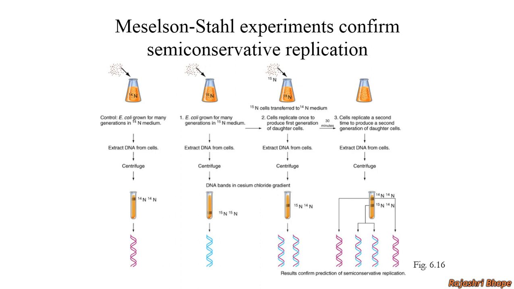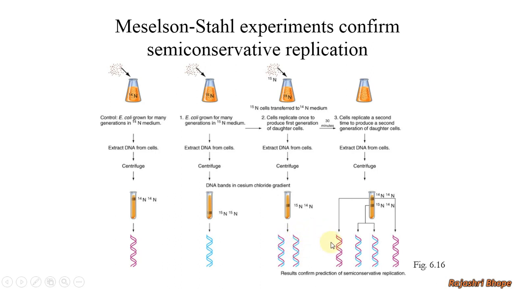DNA is extracted from the cells again and centrifuged onto the density gradient. Now here you will find two bands in the centrifuge tube, one with the light nitrogen and one with the mixed nitrogen strands, one heavy and one light. Now see this one, as these organisms grow, the cells have this type of DNA, one strand with light nitrogen and one with heavy nitrogen.